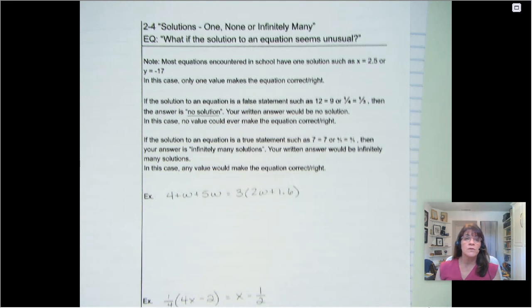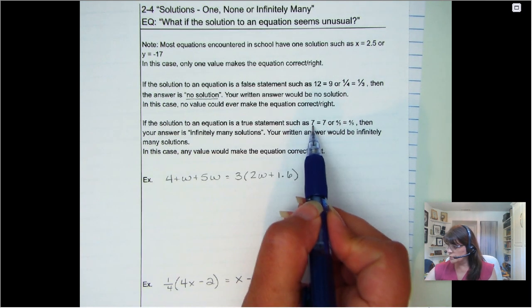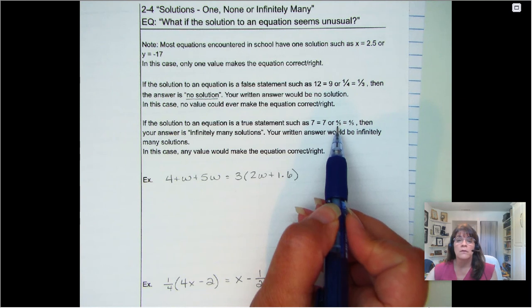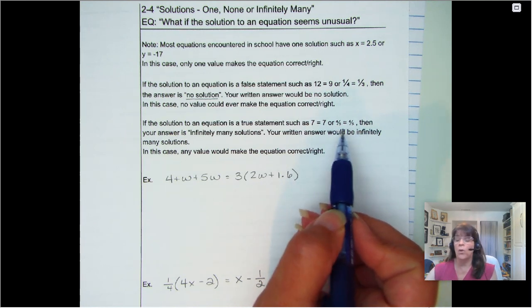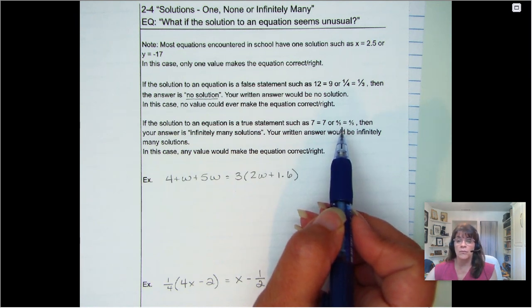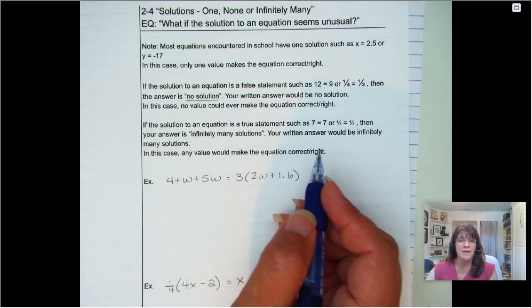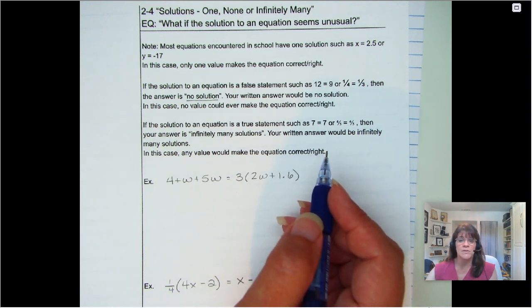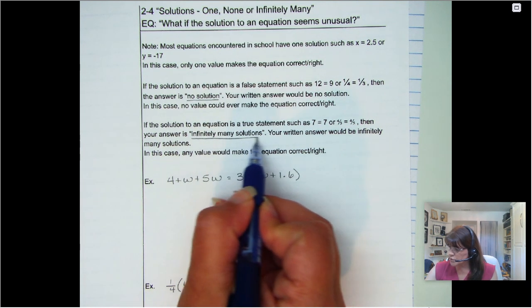Now, if the solution is always true, 7 equals 7, okay, 4/5 equals 4/5, something like that, where it is always true, no matter what, then it's kind of overly matching, and so you have infinitely many solutions.